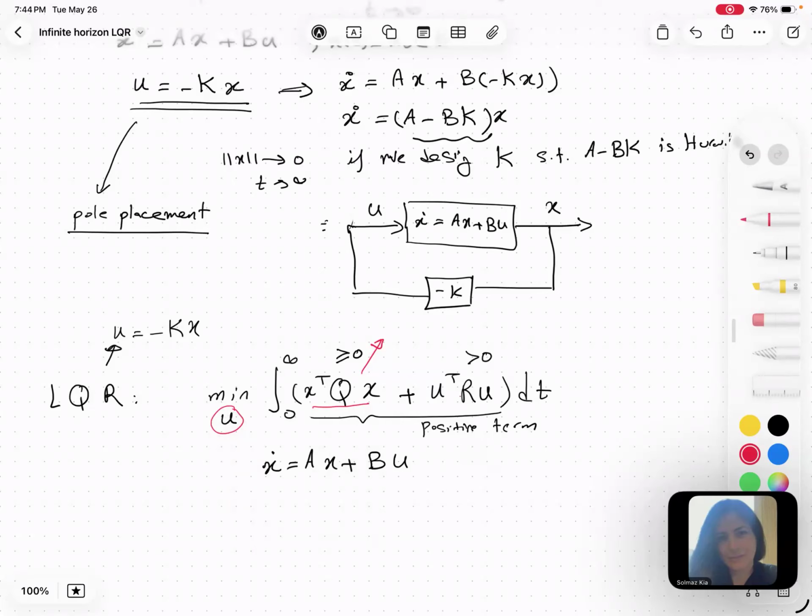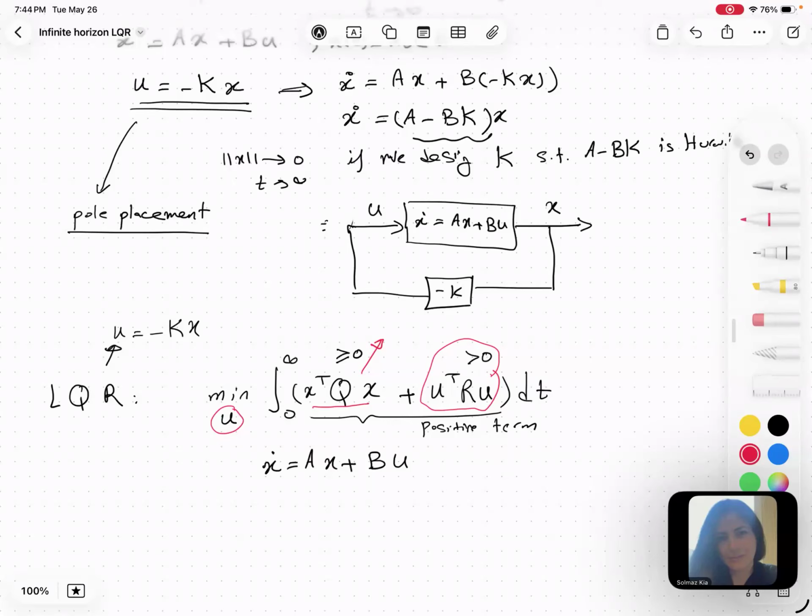But at the same time, we are not just focused on the states, we are looking at how much energy or how much control we are using, which is penalized by this second term: the higher the value compared to zero you are using, the larger this term is. So now you are looking for a control input which will keep the state small, but at the same time be aware of the size of the control inputs that go into the system.